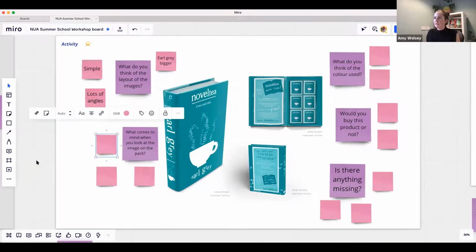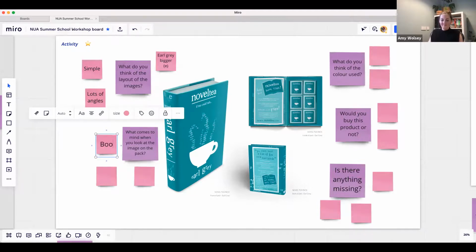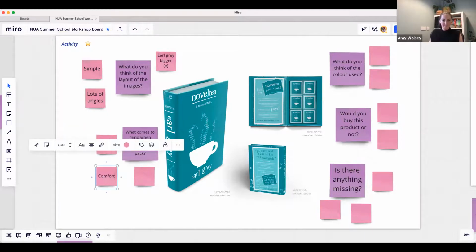Great stuff. Let's move on to the next question. And then I'll just make a point that you mentioned the E of the Earl Grey might look better if it's bigger. What comes to mind when you look at the image on the pack? Great stuff.